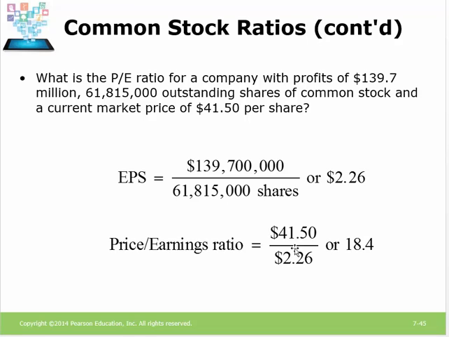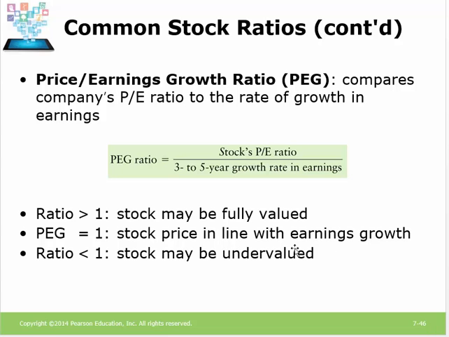If it gets much over 20, we might start thinking that the stock might be a little bit overpriced. If it's much less than 12, this might be a stock that's either in trouble or it's a company that is mispriced. It's underpriced. So that's one of the ratios, one of the things that we need to look at.